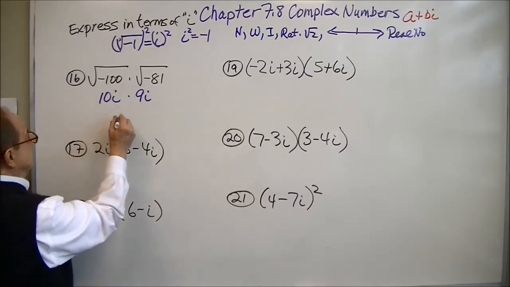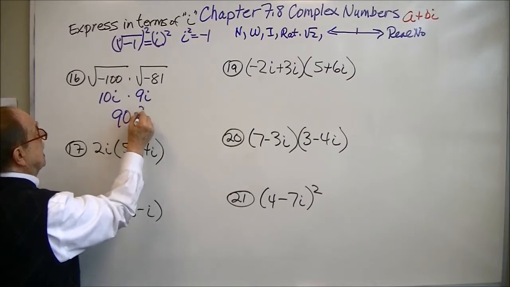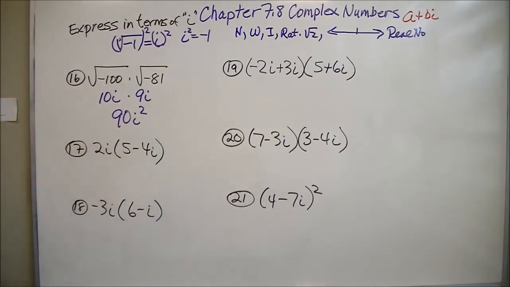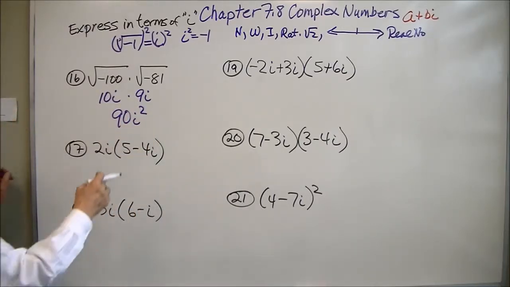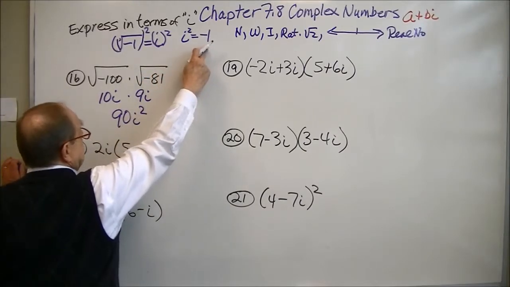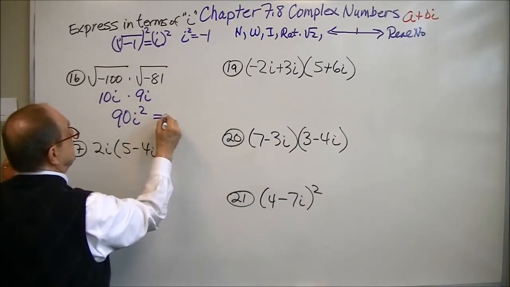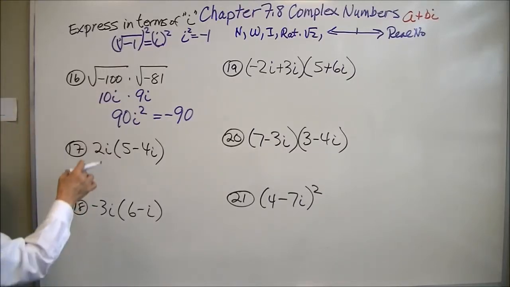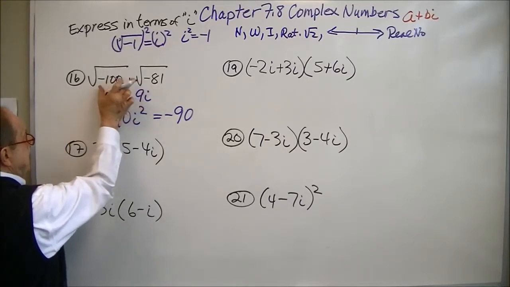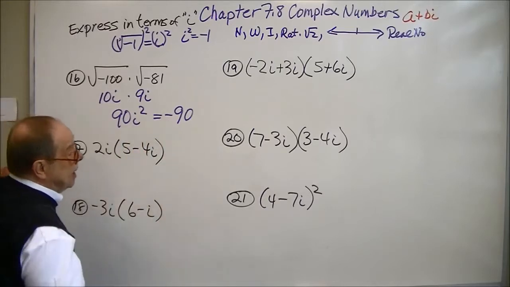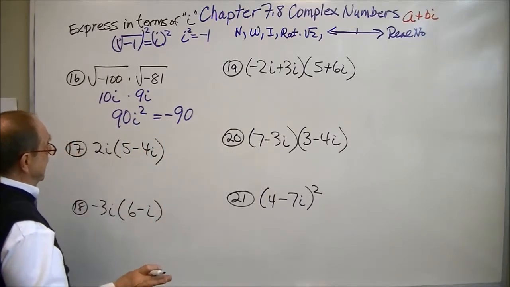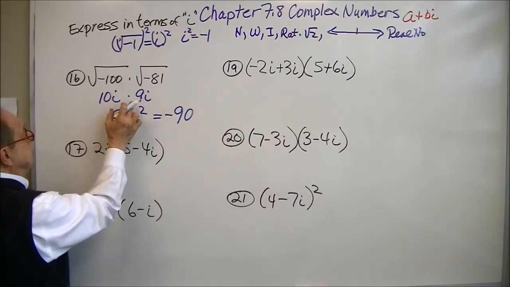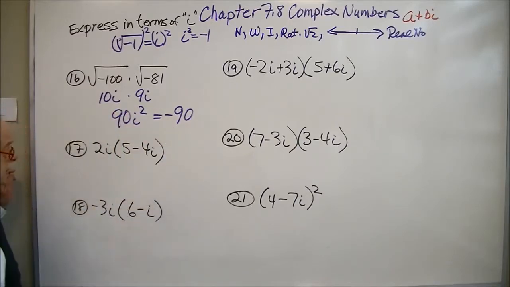So this becomes 90i squared. And what is i squared? i squared is negative 1. So this becomes a negative 90. Now notice if you just multiplied the radicands, it would have made it a positive. But you can't do that. You have to do it this way. It's going to become a negative 90.